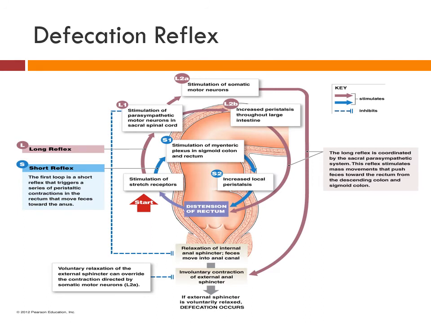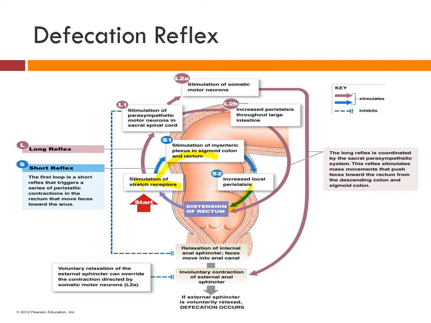Here's a diagram of the defecation reflex. It begins with distension of the rectum. When the feces moves from the sigmoid colon down into the rectum, it's going to distend the rectum. That distension is going to trigger stretch receptors, and those stretch receptors are going to trigger two things. First, they're going to stimulate the myenteric plexus to increase local peristalsis, and that increases the pressure on the anus.